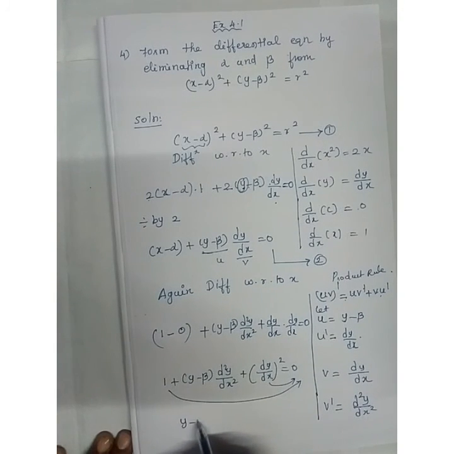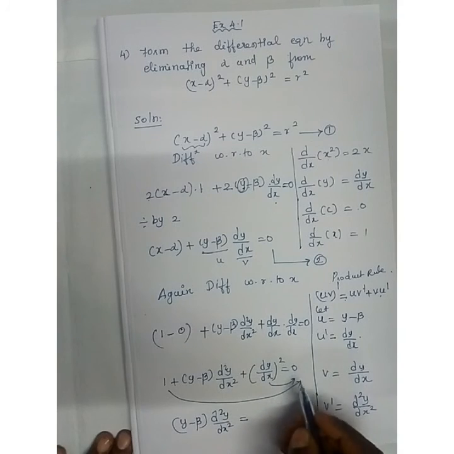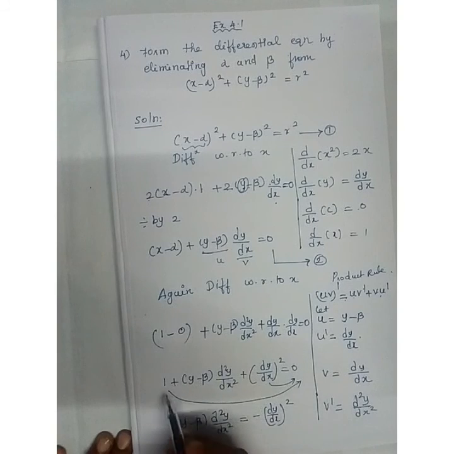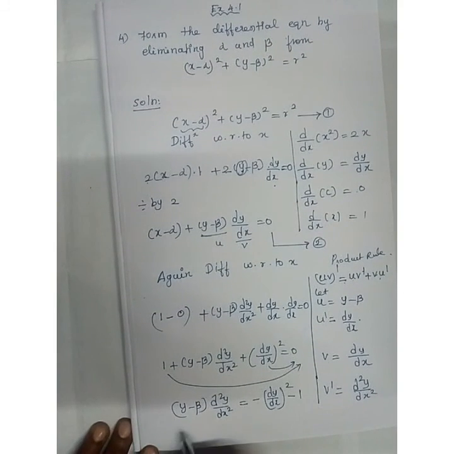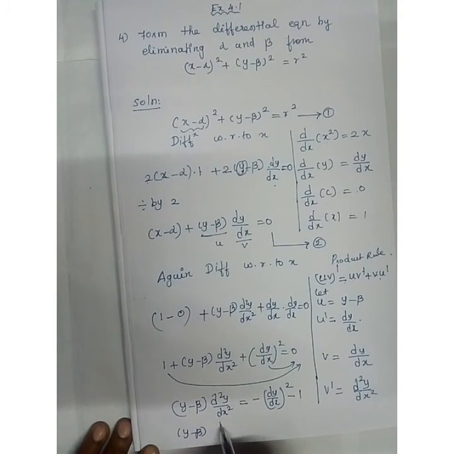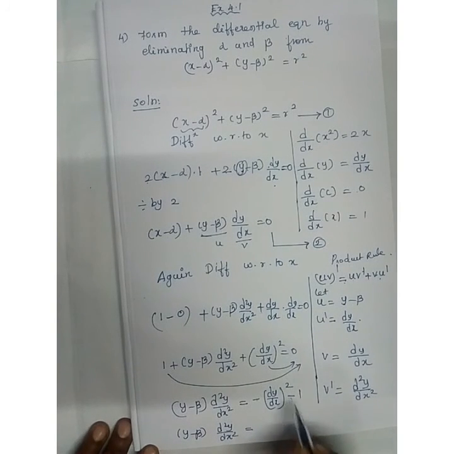It is (y minus beta) into d²y by dx², which is equal to, when it goes to the right side, minus (dy by dx) whole square, and when 1 goes to the right side it will also become minus 1. So at last (y minus beta) into d²y by dx² is equal to, if I take minus as common, minus of (dy by dx) whole square plus 1.